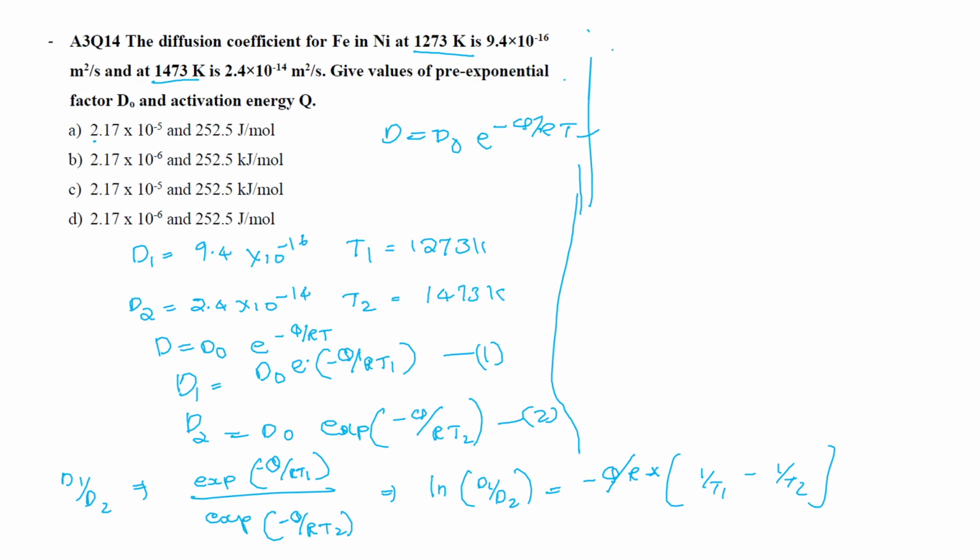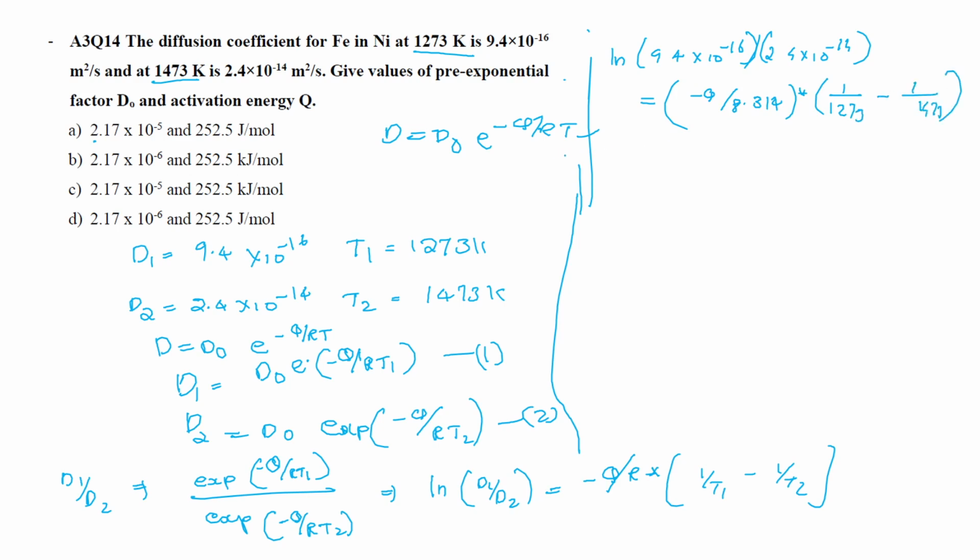So you have to substitute all the values. It will be log of 9.4 times 10 to the power minus 16 divided by 2.4 times 10 to the power minus 14, that is equal to minus Q divided by 8.314 times 1 over 1273 minus 1 over 1473.